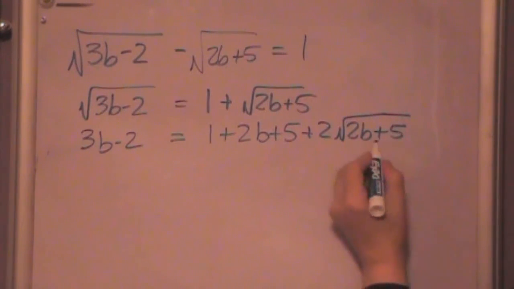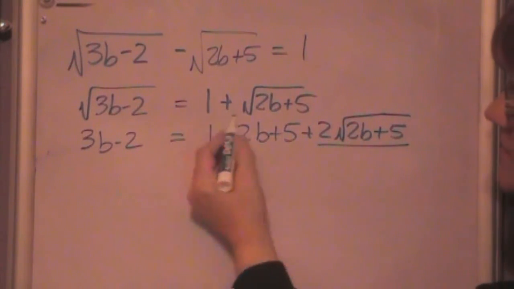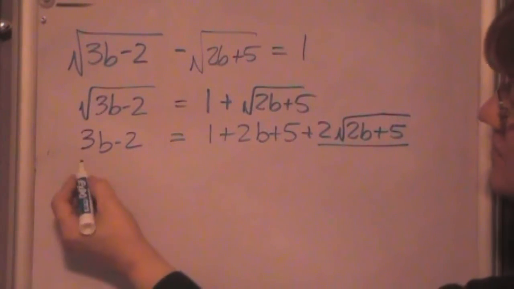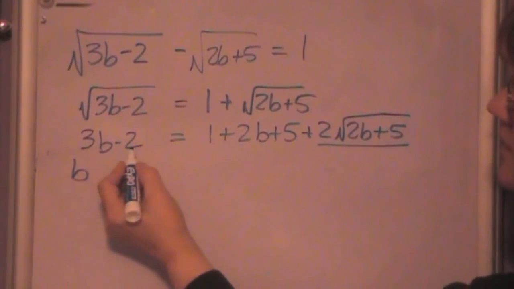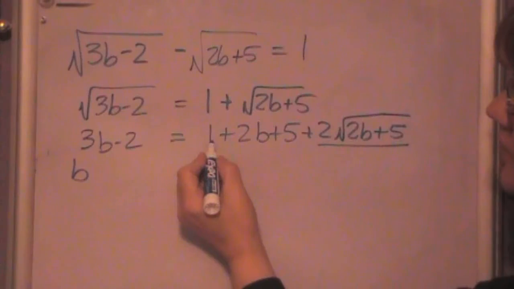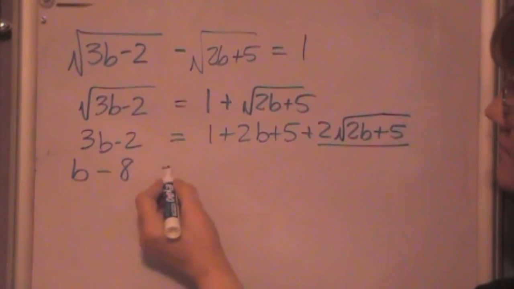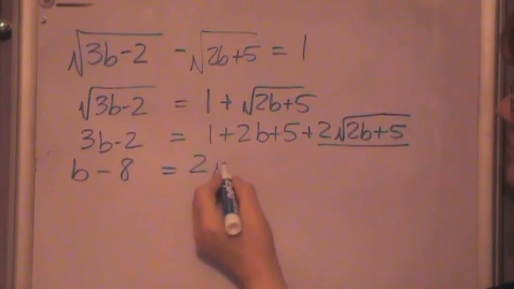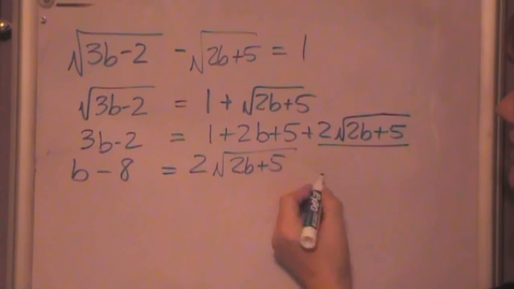Okay, now I'm going to isolate this thing all by itself by getting the rest of this stuff on the other side. So I get b over here, because 3b minus 2b, and I have a negative 2, and I'm going to bring over 6, so I get negative 8 equals 2 times the square root of 2b plus 5.